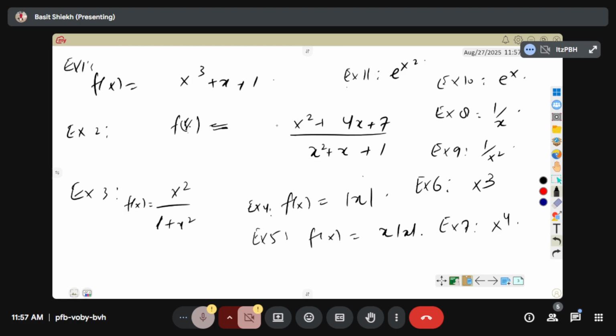Try these functions on your own. You can change the base also. Just ask whatever your doubts.